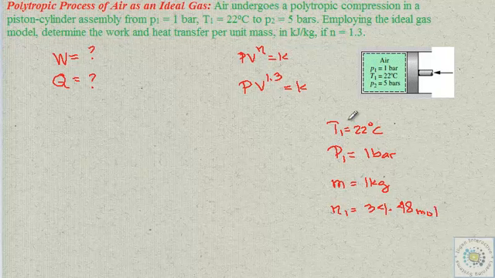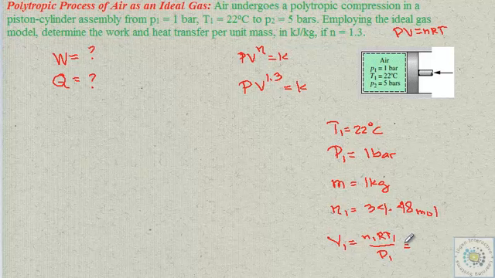And from the ideal gas law, we can solve for V1. The ideal gas law says that PV is equal to nRT, and therefore V1 will just be equal to n R T1 over P1.